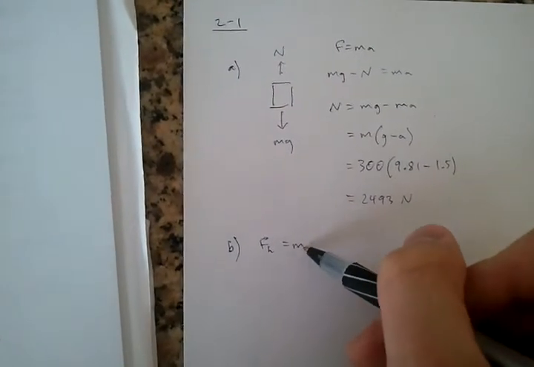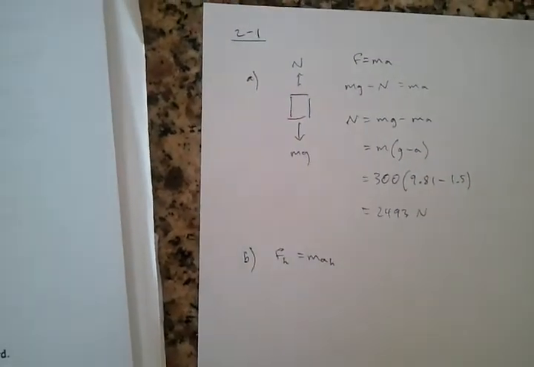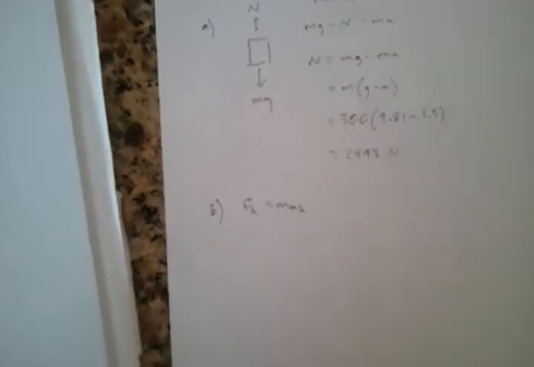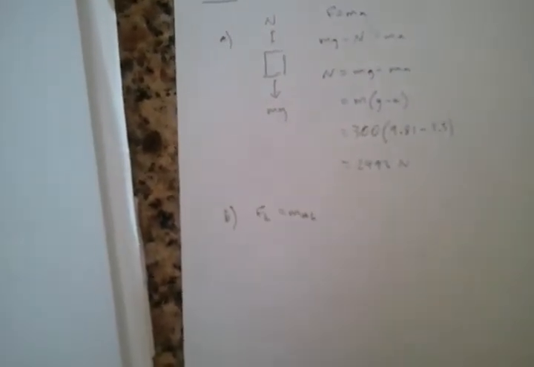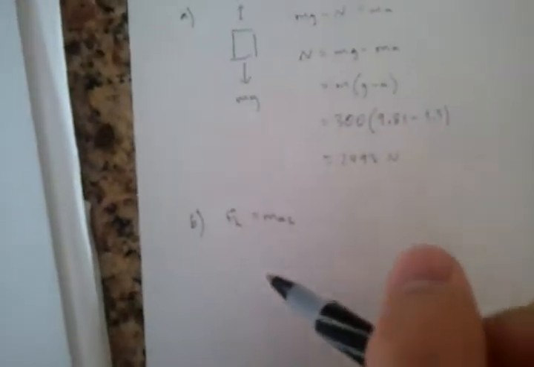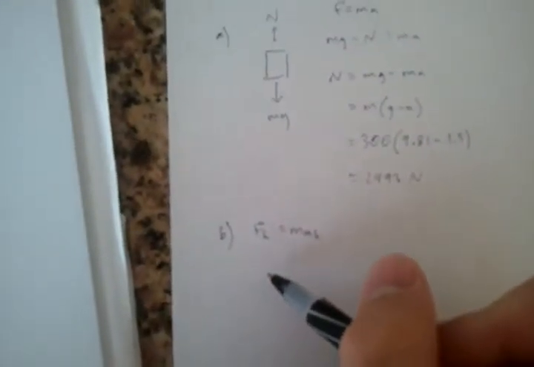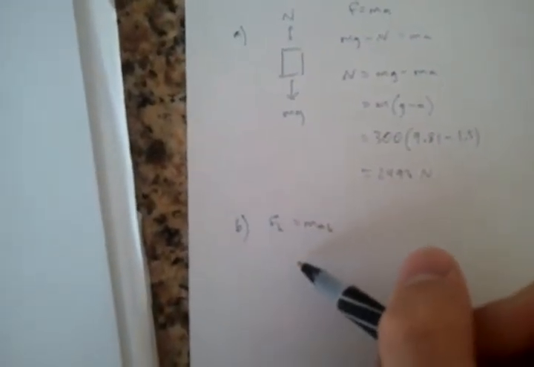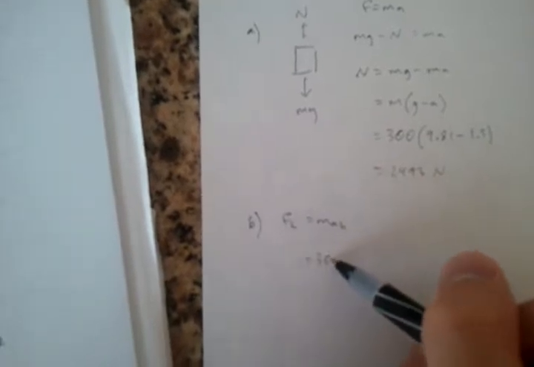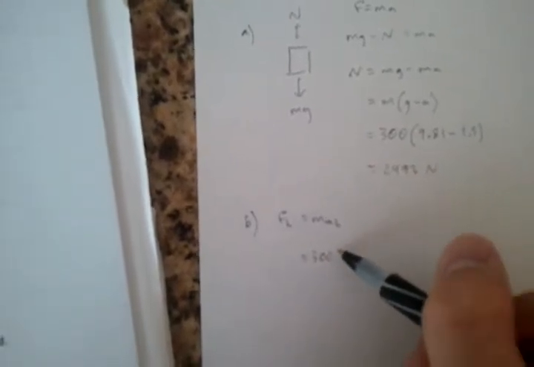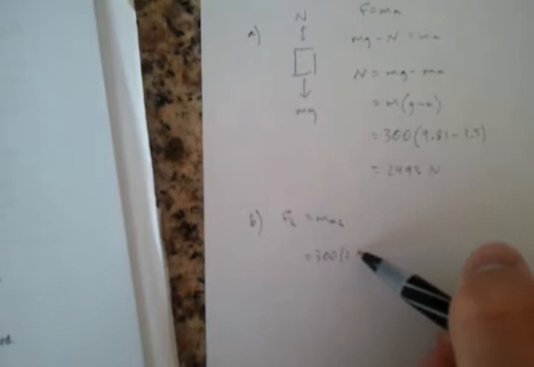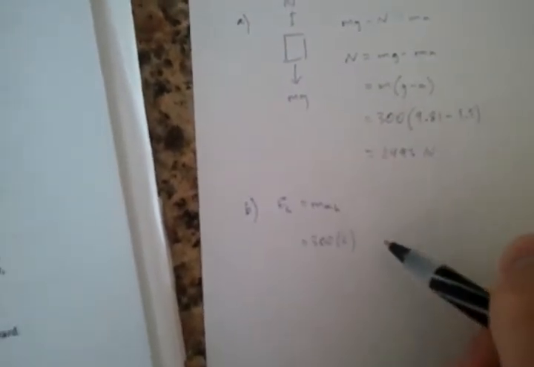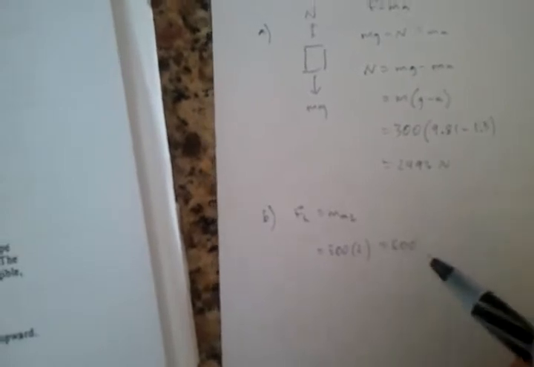F_h equals m a_h in the horizontal direction, using just Newton's second law again. So from here, you can just basically calculate it out. It's equal to the mass times the horizontal acceleration, which is 2 meters per second squared, and you get 600, and that is your answer.